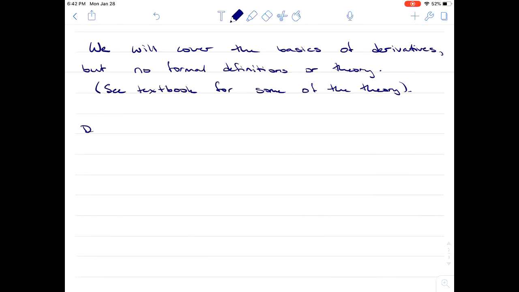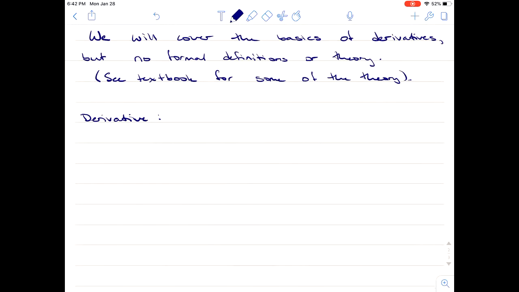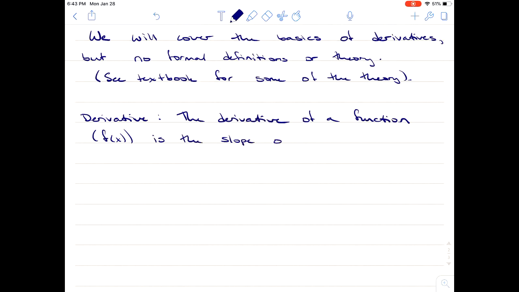So first I'll define a derivative. The derivative of a function, I'll put in brackets here f of x, that's any function, is the slope of the tangent line at any value of x.